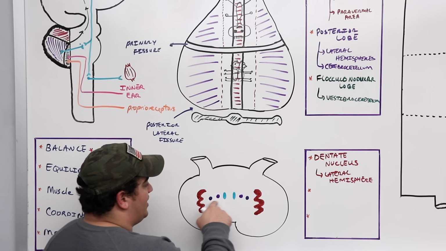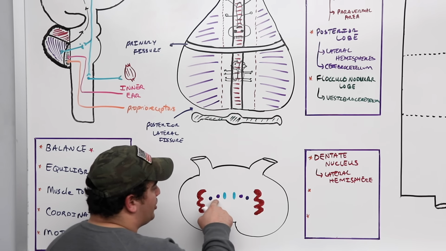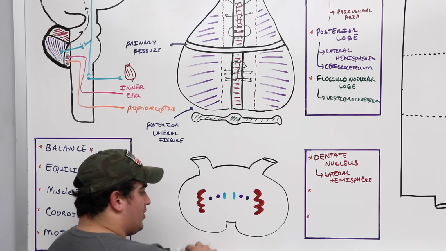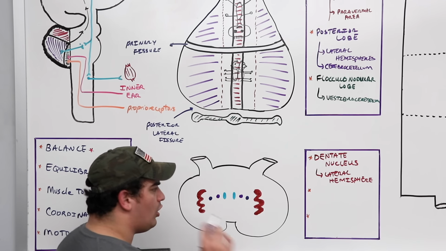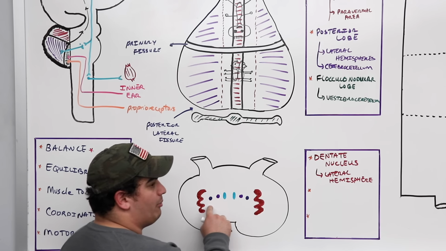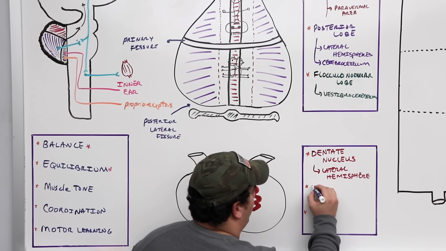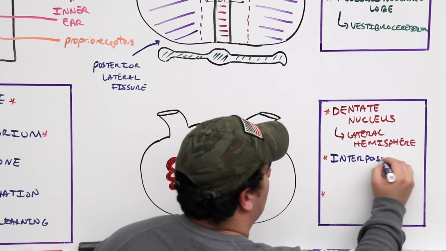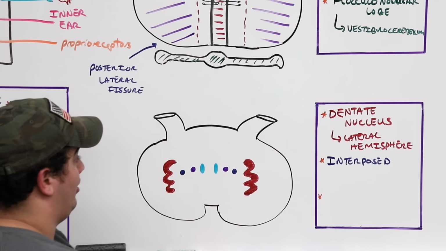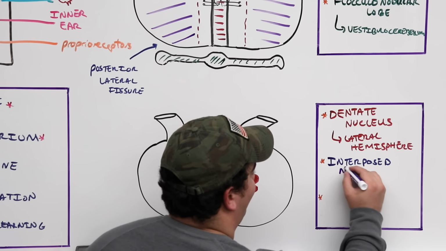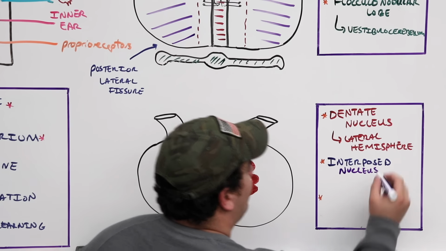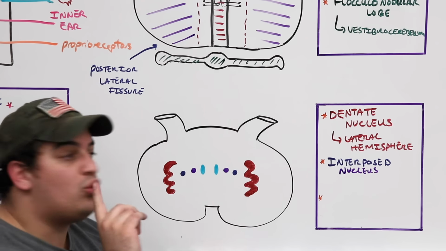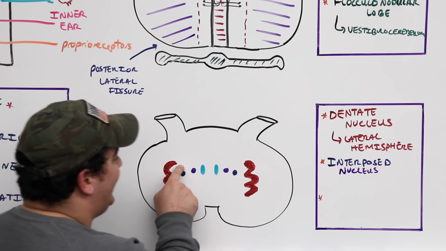The next one is these two, the bluish and purplish. So let's write these down. We're just going to do it in blue, but realize it's the same for both of these. Actually, I got an idea. We're going to call these the interposed nucleus. The interposed nucleus is made up of two components. Remember, don't eat.